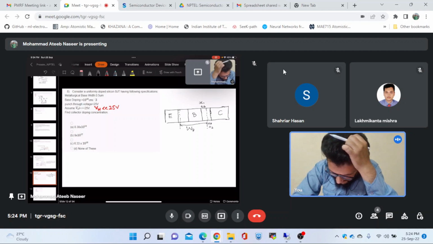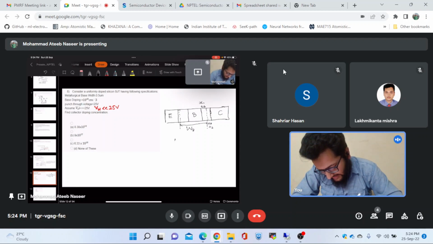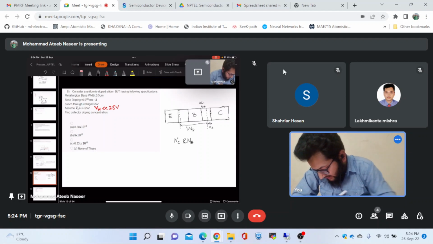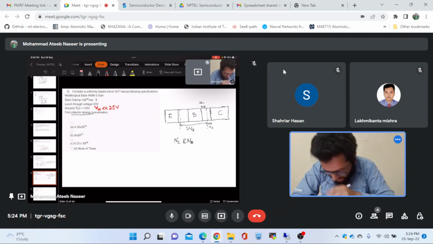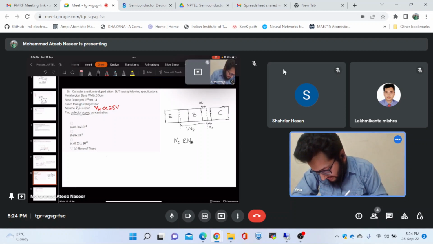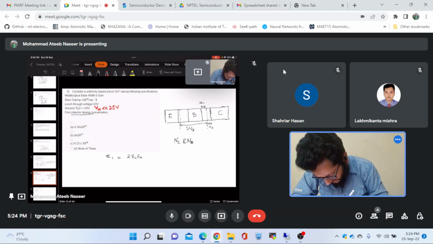Now let us denote these dopings on the collector side by Nc and on the base by Nb. Since we require the doping on the collector side to be found out, we will simply use the formula for this depletion width, and it will simply be equal to x1 on the base side will simply be equal to the square root of 2 times epsilon naught epsilon r (VBI plus this punch through voltage), since it has been told to ignore the VBI, let's ignore it right away.